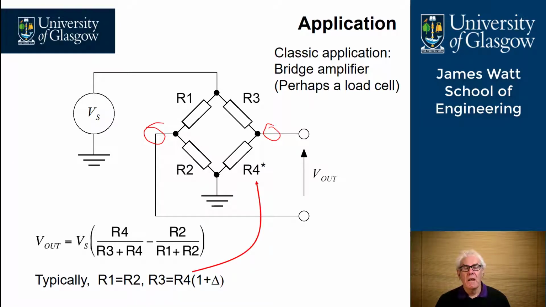And typically in a bridge amplifier or a Wheatstone bridge, R1 is equal to R2 and held constant, and R3 nominally equals R4, but R4 also has a factor delta, which in the case of perhaps a load cell varies according to the load applied to the load cell. So our output voltage equals 1 over 2 plus delta minus 1 over 2.